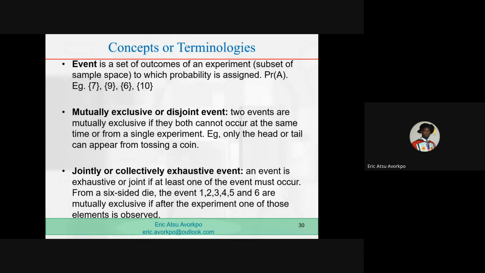Mutual exclusivity, or what we call disjoint events. Two or more events are said to be disjoint or mutually exclusive if the two cannot occur at the same time. A typical example is a rainfall or weather pattern. Let's say, for example, every given day when you wake up, there are only two possibilities.